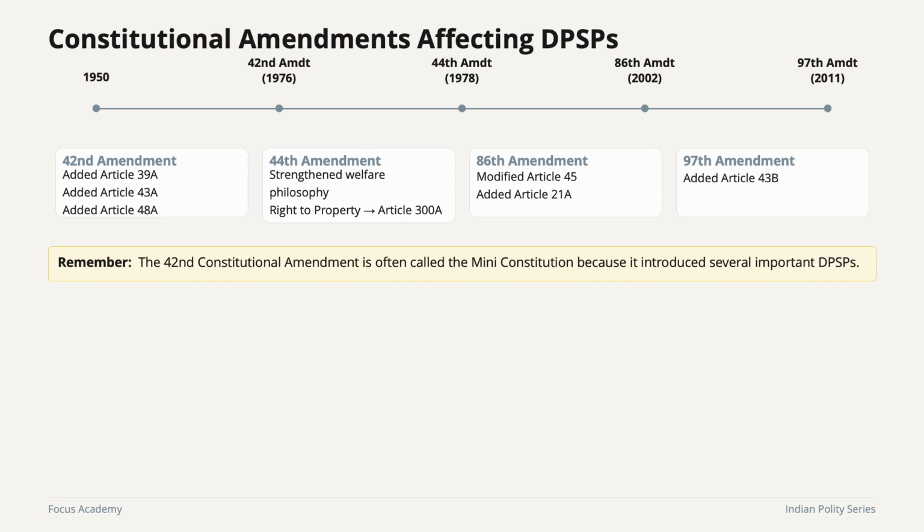We discussed that yesterday. But DPSP is not enforceable, okay? The courts, the Supreme Court and the High Court, protect you in fundamental rights, whereas DPSP, the state cannot be compelled to implement.